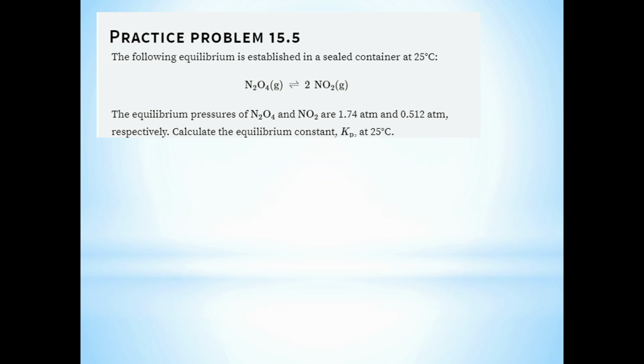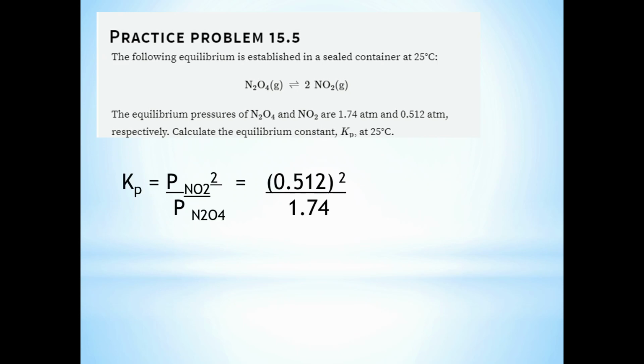We prefer atmospheres, because if we're going to convert between Kc and Kp, we have to have atmospheres, because R is in atmospheres. So the equilibrium constant for this is simply NO2 squared over N2O4, or 0.512 squared divided by 1.74, and it's 0.15.